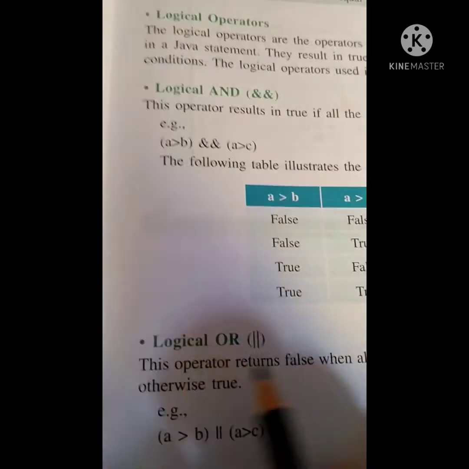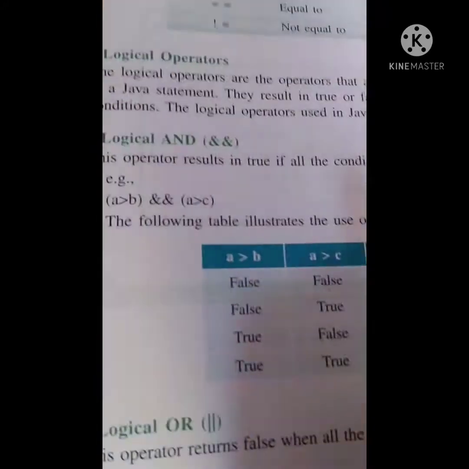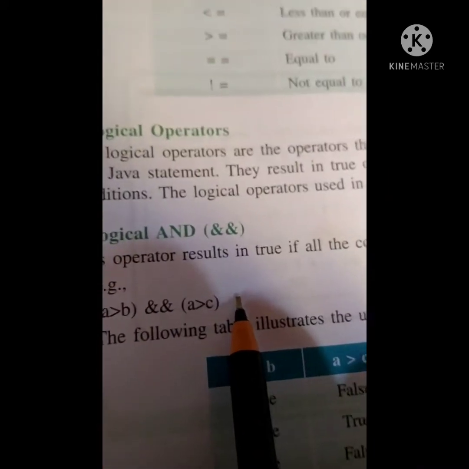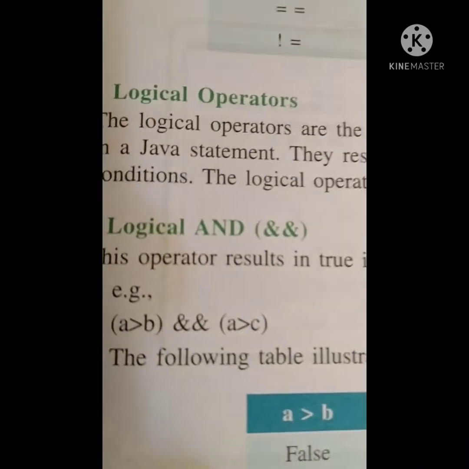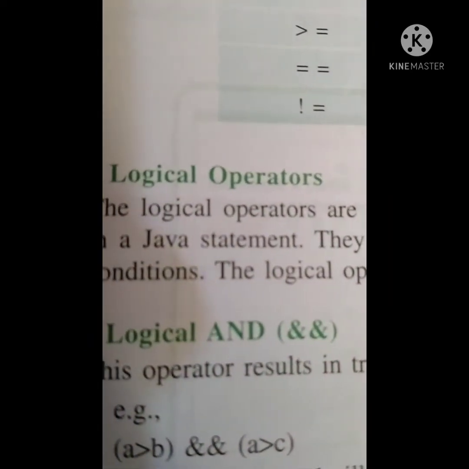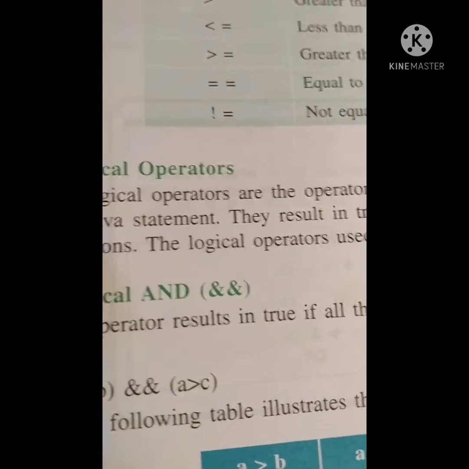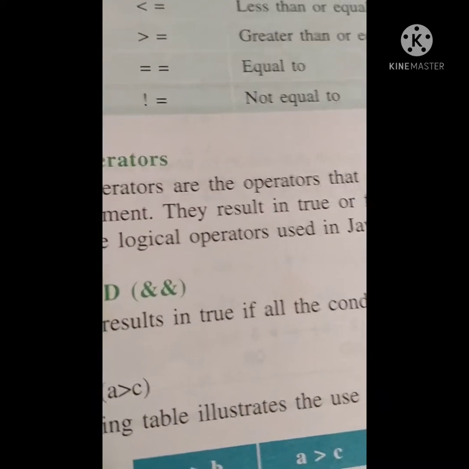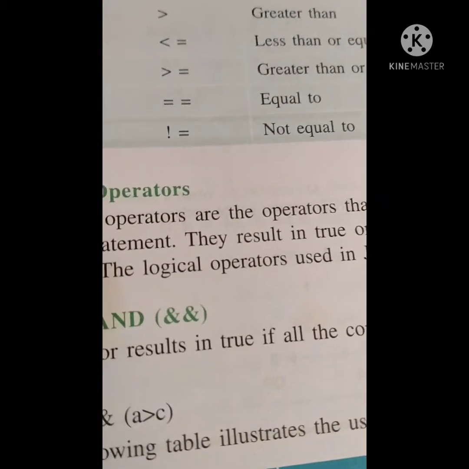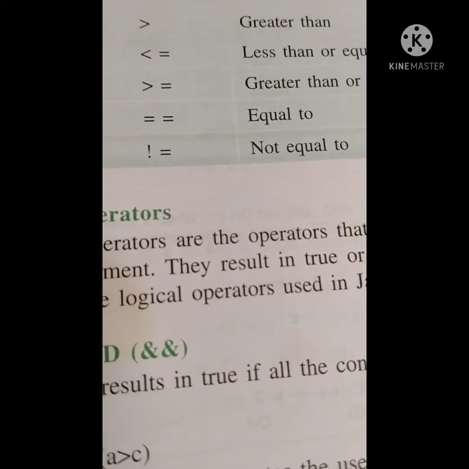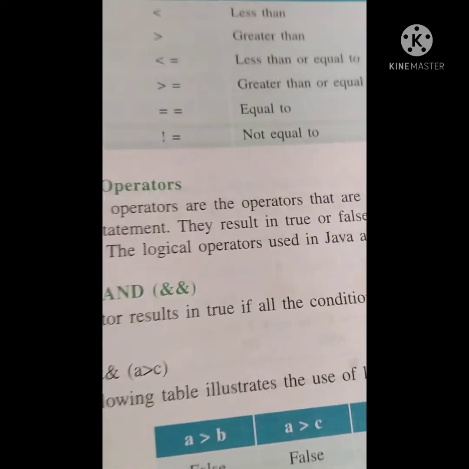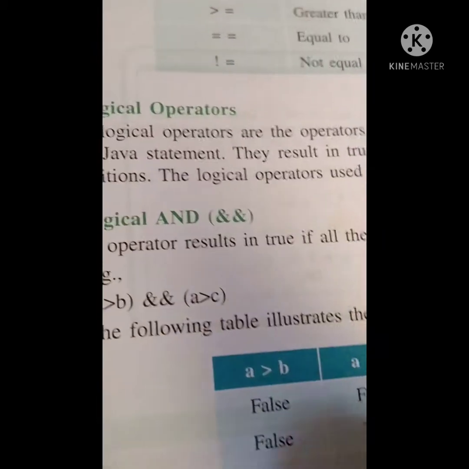If I explain with a statement, you can understand. If we have student A and student B, and I say student A and student B go and bring chalk from the staff room, it means both students will go to bring the chalk.